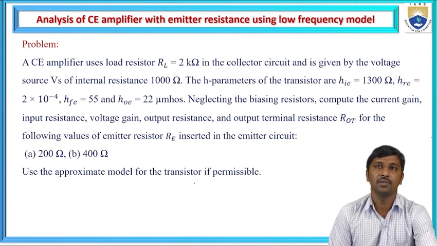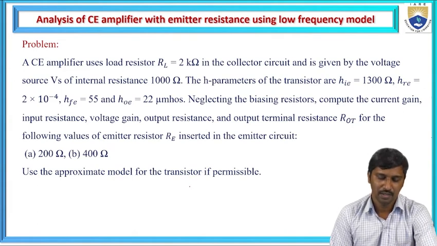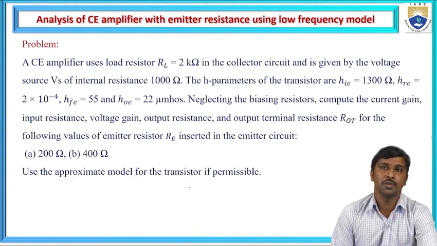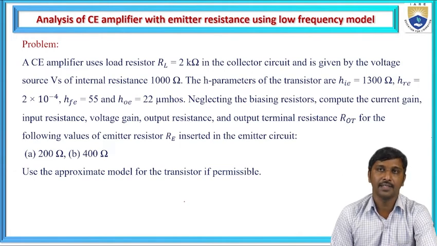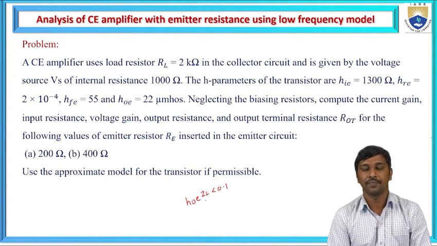First we need to choose either the exact model of the common emitter amplifier with emitter resistor, or the approximate model. Before identifying which model to use, we need to verify the condition from the approximate model analysis. We know that HOE times ZL should be less than 0.1, then we go for the approximate model.